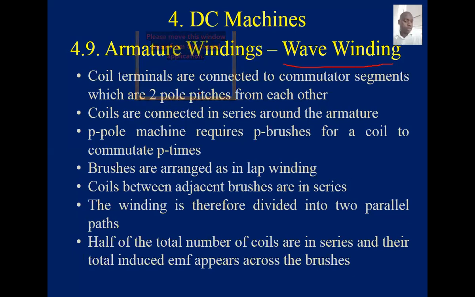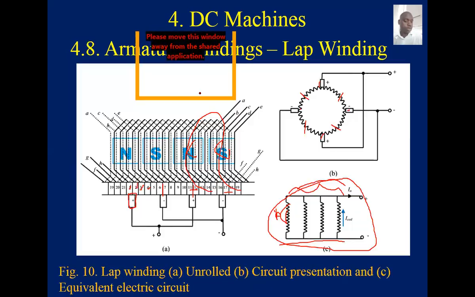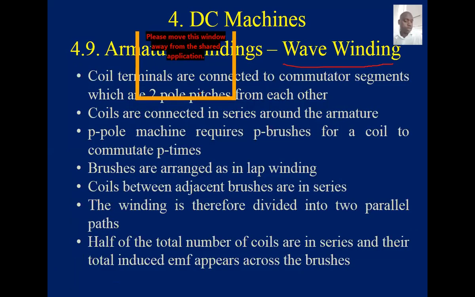In lap windings, the number of parallel paths depends on the number of poles. But in wave winding, the number of parallel paths is just equal to 2. Otherwise, the connection is almost the same in both cases. Right.